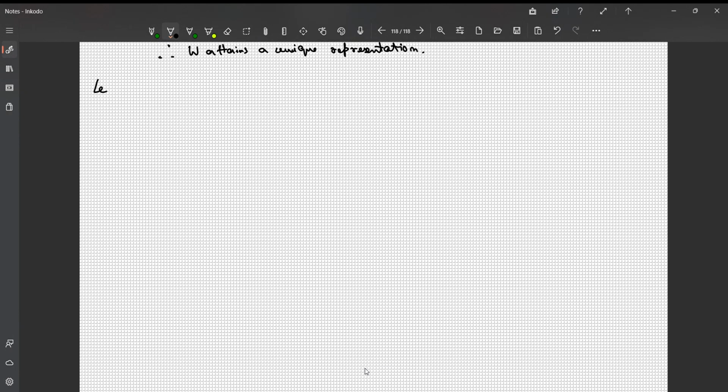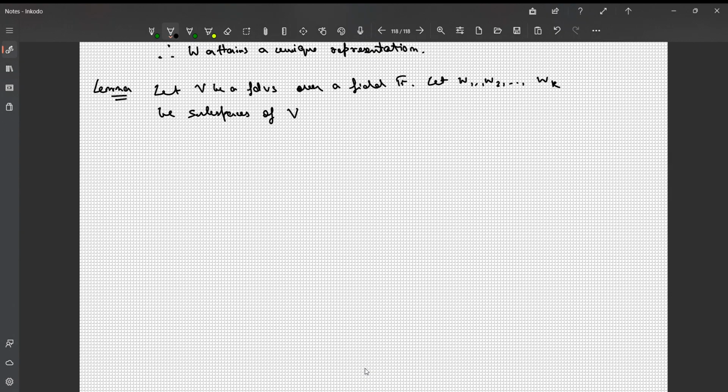So let us come to a lemma related to these subspaces. Let V be a finite dimensional vector space over a field F. Let W1, W2 till Wk be subspaces of V, and let V be equal to W1 plus W2 and so on plus Wk.